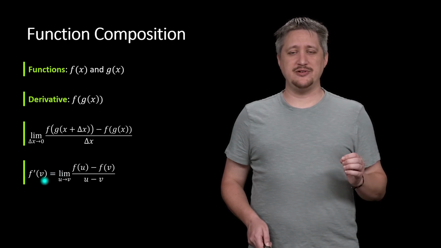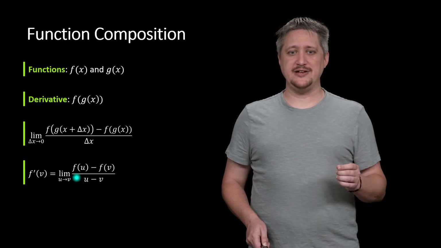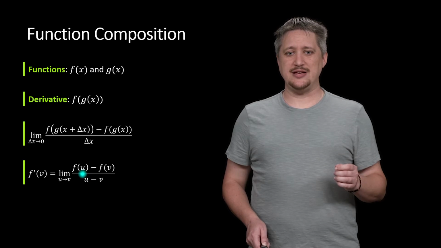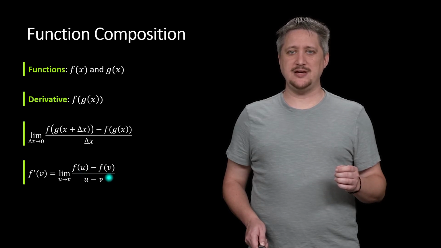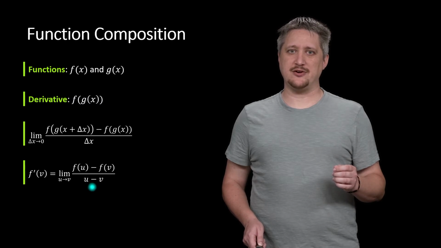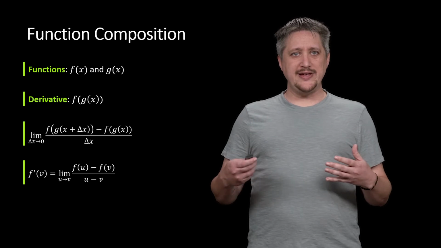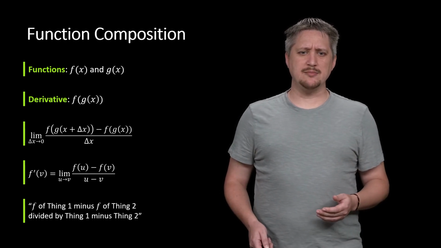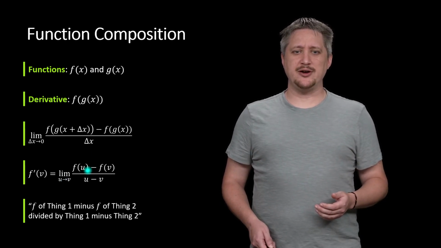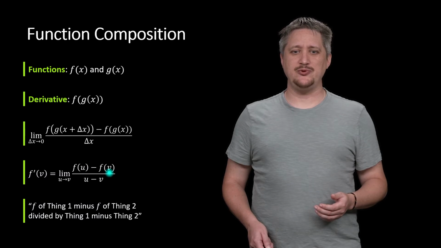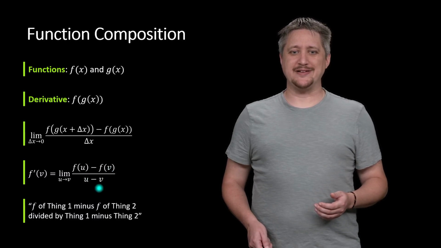And I really want to do this to emphasize how the inputs here, this u and this v, correlate to the pieces that are in the denominator. So the way I want to read this is that I'm looking at f of thing 1 minus f of thing 2 over thing 1 minus thing 2, right?